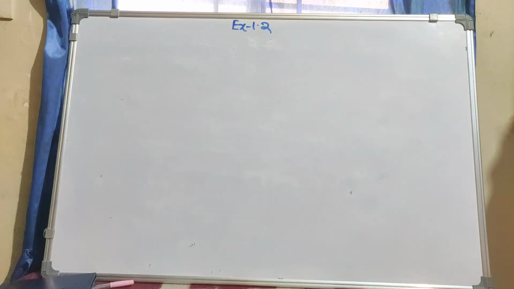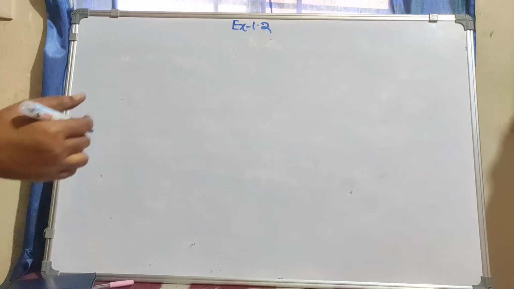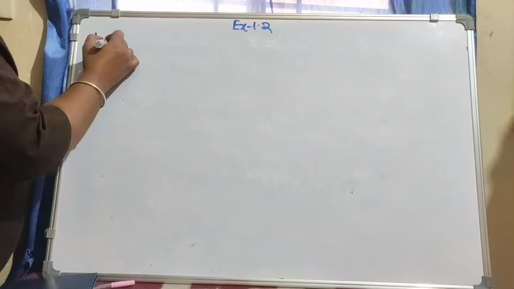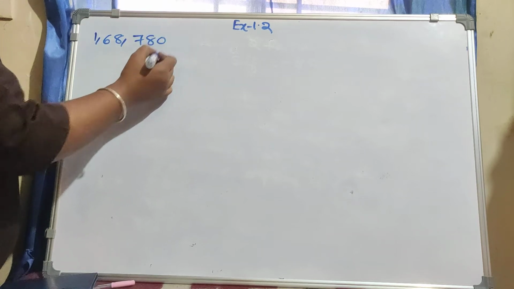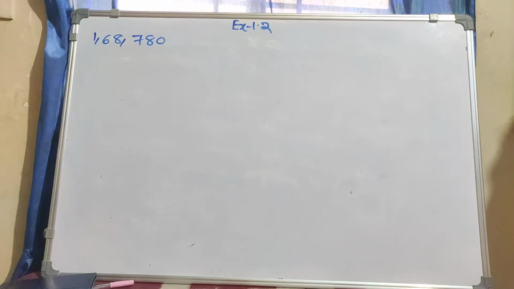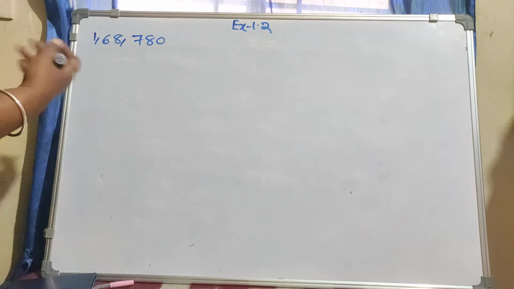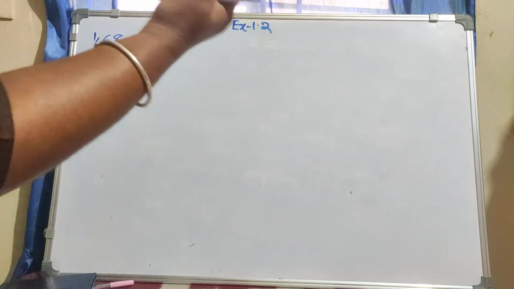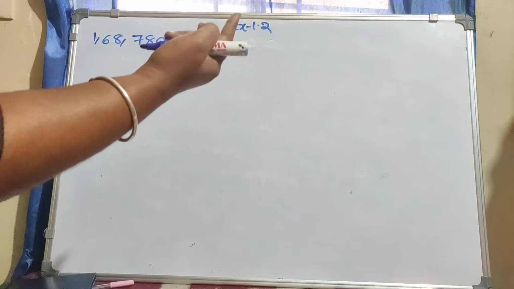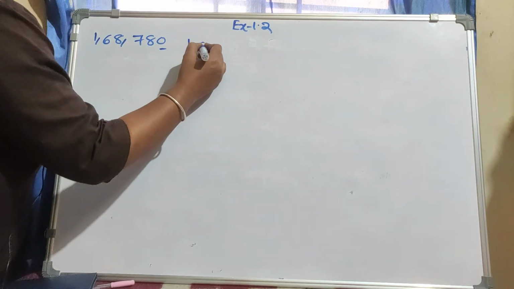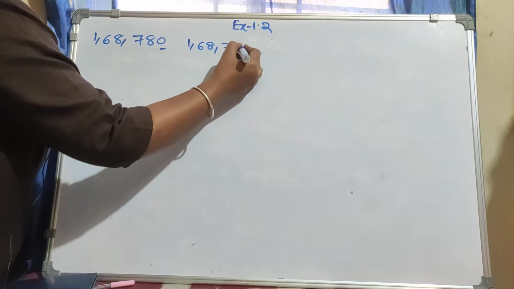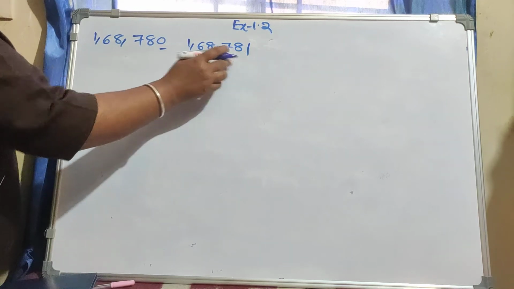The first question: which number is the successor of 168,780? When we want the successor, automatically only one is added to the number. So 168,781.